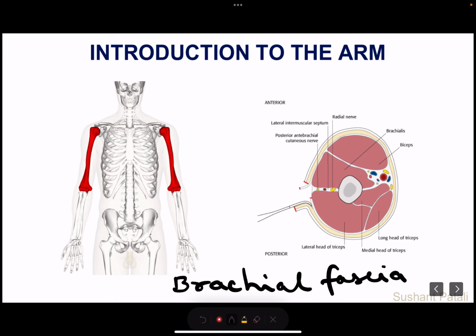So here is the transverse section of the arm. In the center, we see the humerus bone that is cut transversely. Now this is the lateral aspect, this is medial. So let me label it. So this is lateral, this is medial.